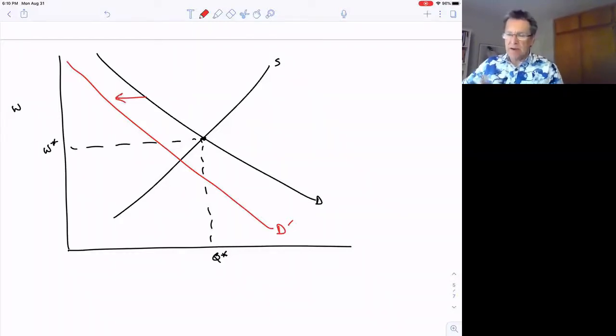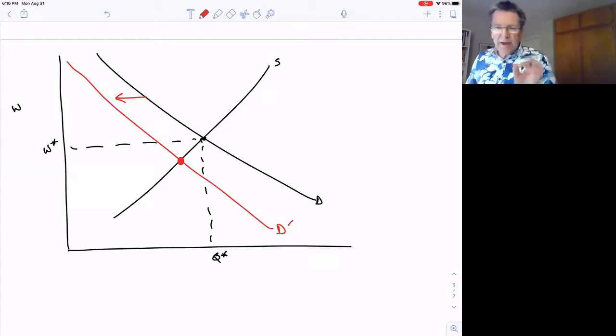They just don't need as many people to work in their offices. Now, a new equilibrium will be fewer people and a lower wage. And if we could get to that new equilibrium, according to this model, then we wouldn't have any unemployment.